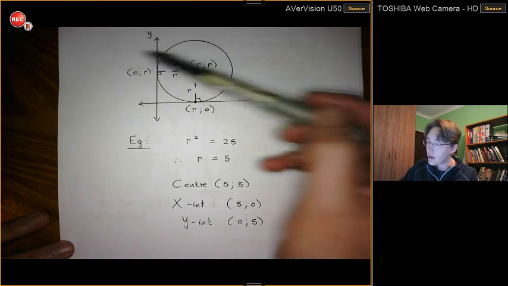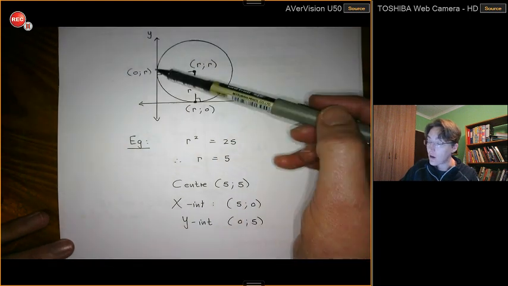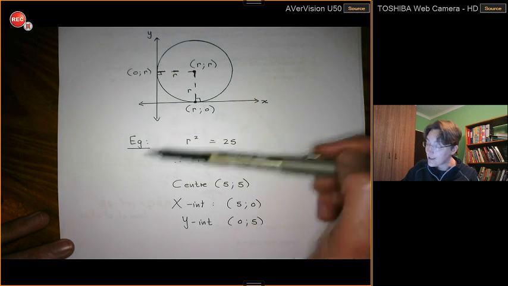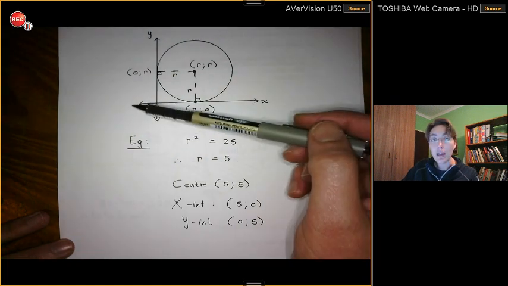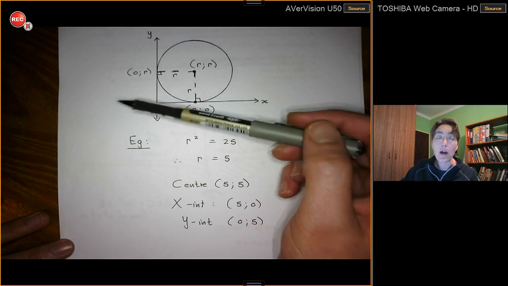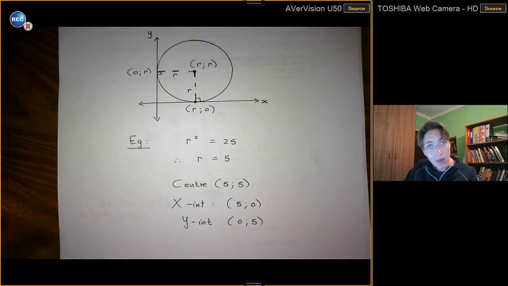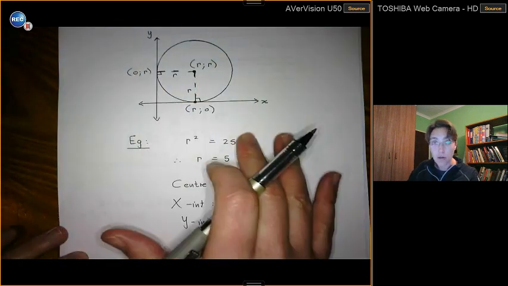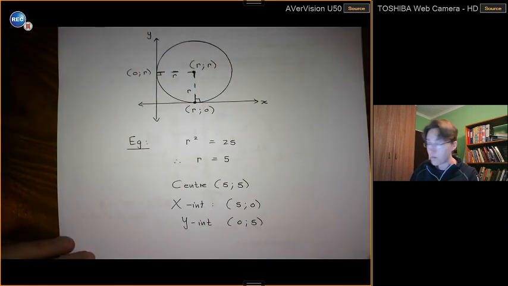Or if you draw it here, it's going to have an x-coordinate of negative r, but a y-coordinate of positive r. Or if you draw it over here touching, it's going to have an x-coordinate of negative r and a y-coordinate of negative r. So I agree the radius can't be negative, but the coordinates can be negative. So please just watch out if it's in different quadrants. So this is very, very useful information.